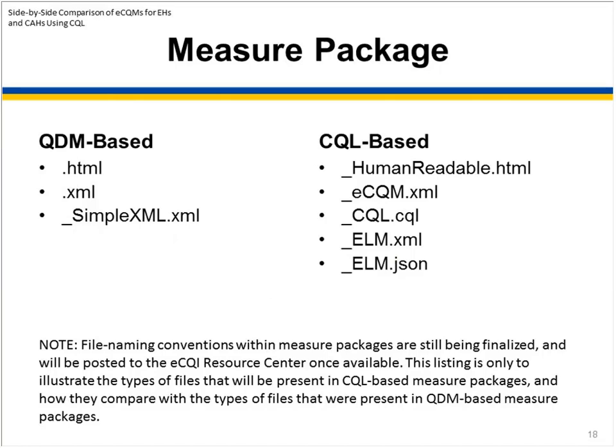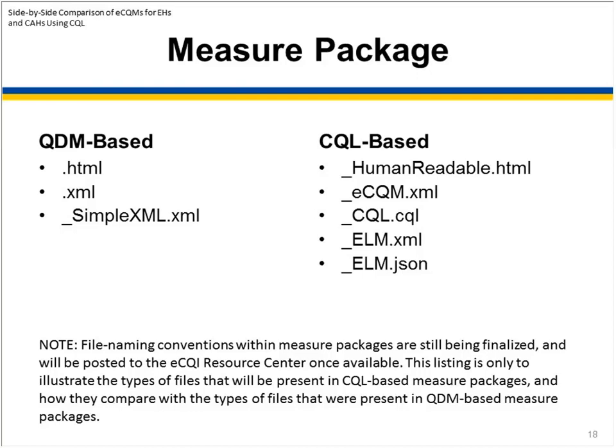With the CQL based, you'll see the same HTML. There will still be an HTML that's human readable. We'll look at some examples of those. The eCQM XML is the HQMF, so that's still present.